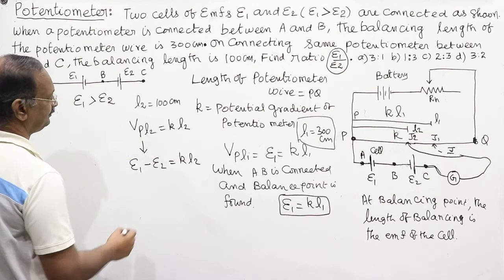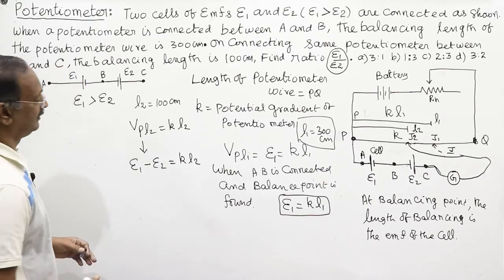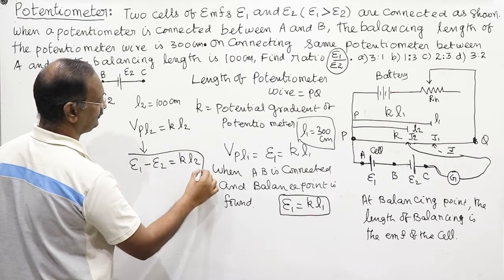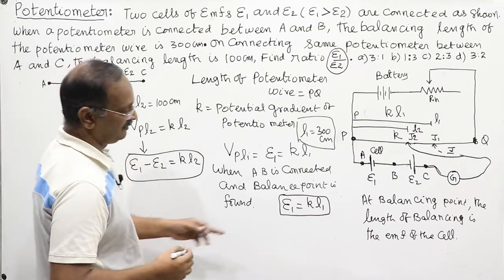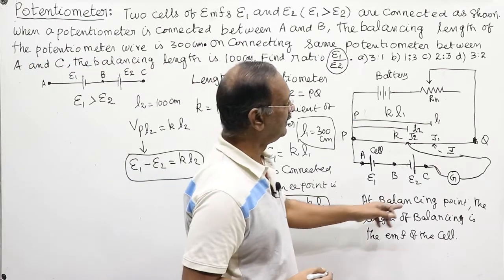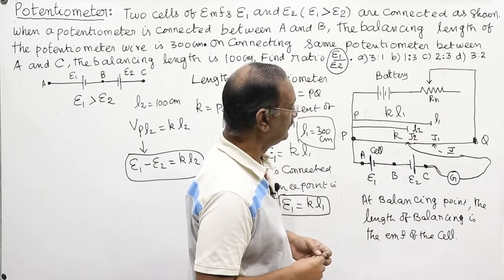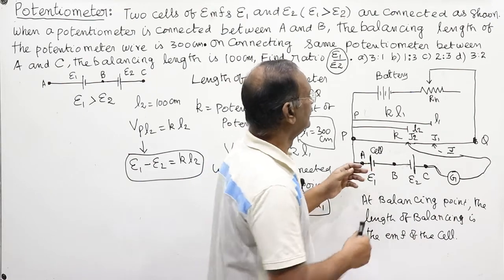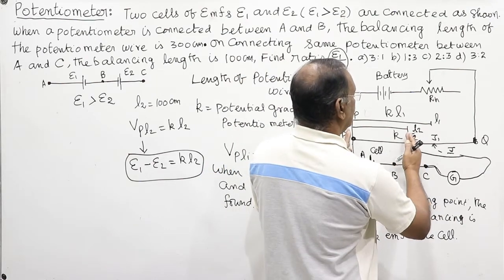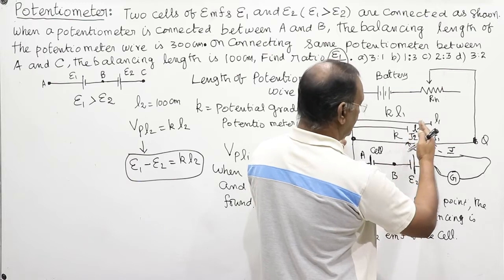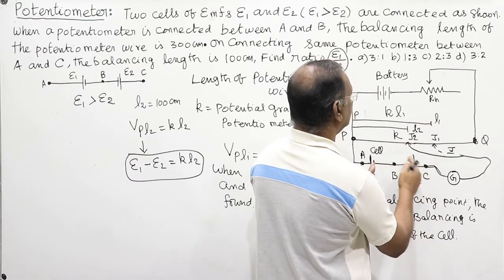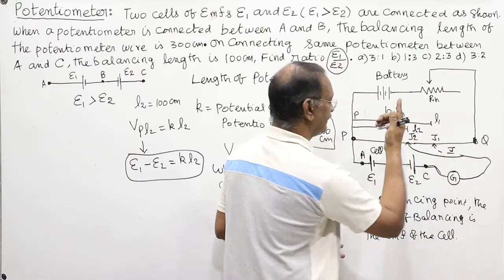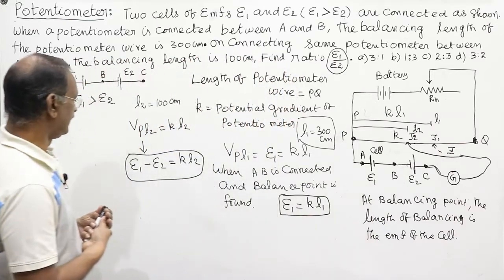This is the second equation. This point you must always remember: at the balancing point, the balancing length is proportional to the EMF of the battery connected in the circuit.